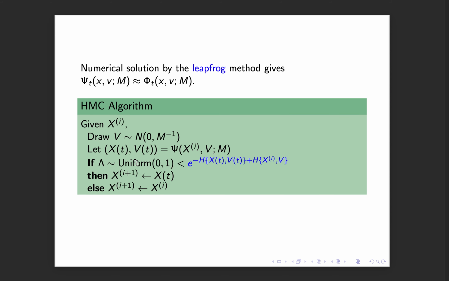If a uniform 0-1 random number lambda is less than the ratio of the extended target density, which is given by e to the minus the increment in the Hamiltonian, then the end state xt is accepted and taken for the next state of the Markov chain, xi plus 1. Otherwise, the chain stays at its current position.